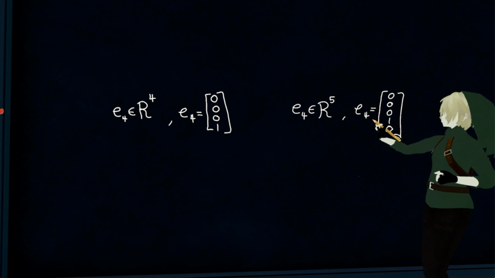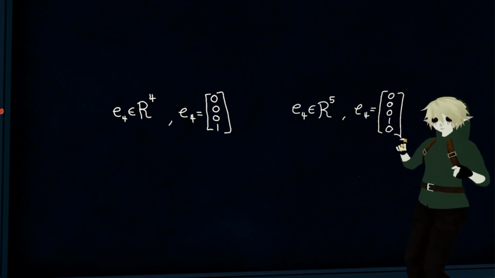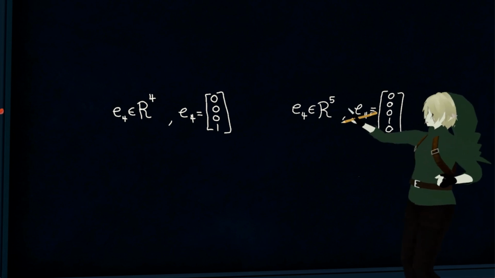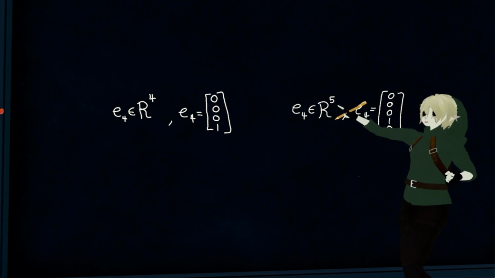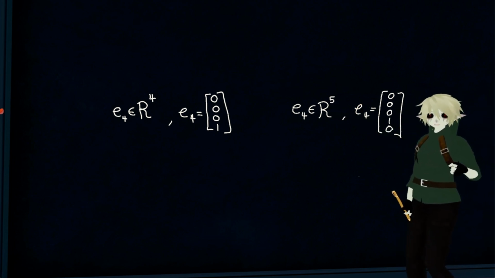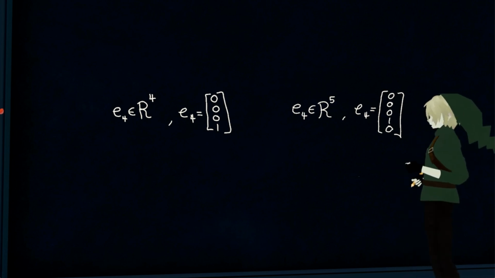Okay. This 4 just represents the leading one. What row is the leading one located in? That's what that 4 represents. The R space, R5, represents how many components the vector has. Okay? So that's the big difference. That's how we specify.